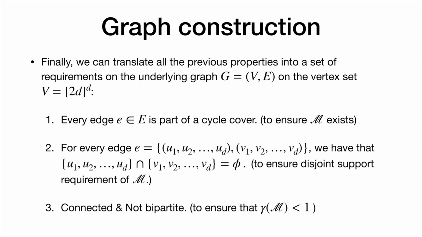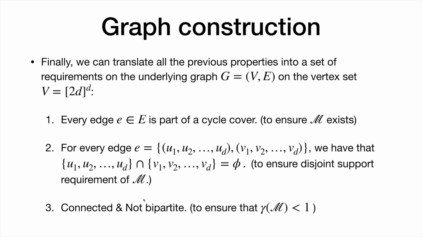Next, we need that M has the disjointness property: if there is a non-zero transition probability between U1 to UD and V1 to VD, then the sets U1 to UD and V1 to VD are disjoint. The final condition is that the spectral radius of the Markov chain is less than 1, which is equivalent to saying that this graph is connected and not bipartite.